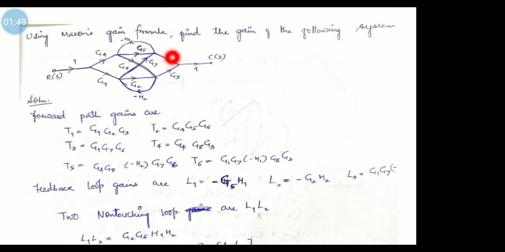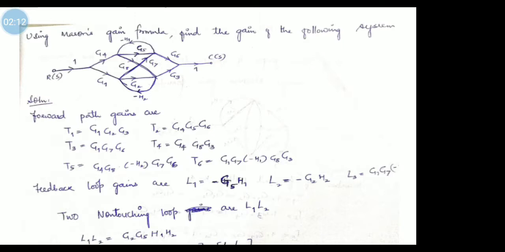Next, T4, which is a forward path, is G4, G8, G3.